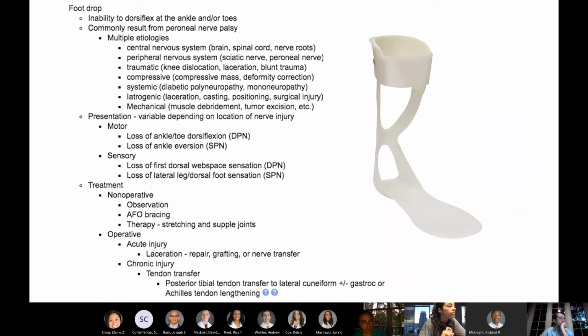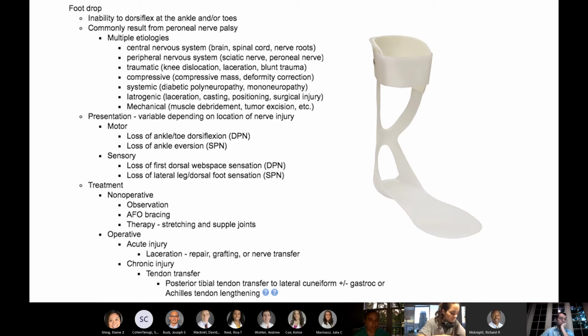Again, a bunch of different etiologies. The most common that you guys are going to see is going to be traumatic, but you can have a lot of different things that can cause it. So you've got loss of the ankle and toe dorsiflexion, and then again, if it's a common peroneal nerve injury, you also lose the ankle eversion.